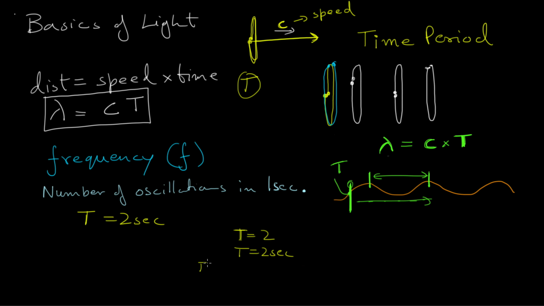An even better mind reads: time period is equal to 2 seconds. It's written like this, but you have to read the whole thing in your head. Even better, the meaning of time period should come to mind. What does it mean? The time taken to complete one oscillation. Absolutely.